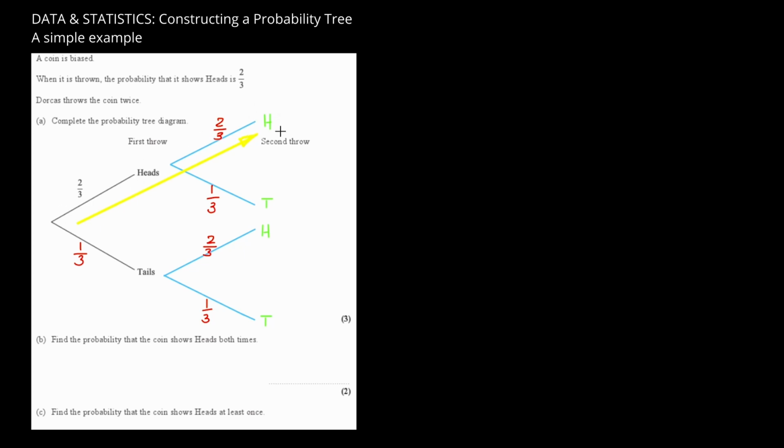The probability of reaching 2 heads is 2/3 of 2/3. So we can say part B. So I can say that the probability of getting two heads must be equal to 2/3 multiplied by 2/3, which is equal to 4/9.